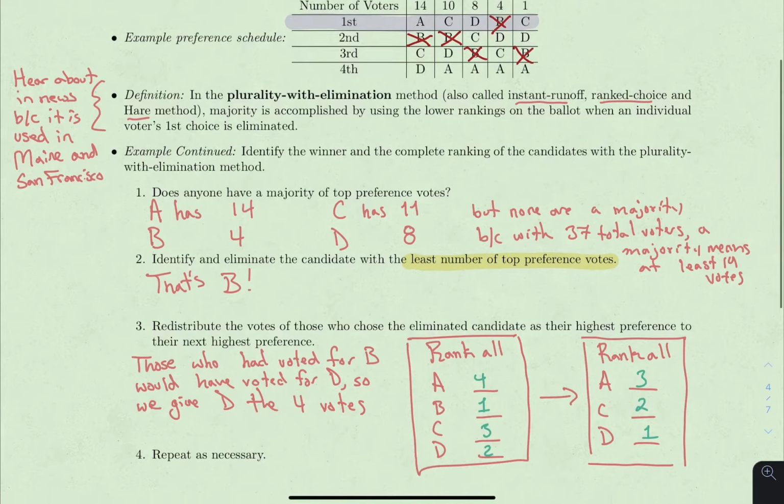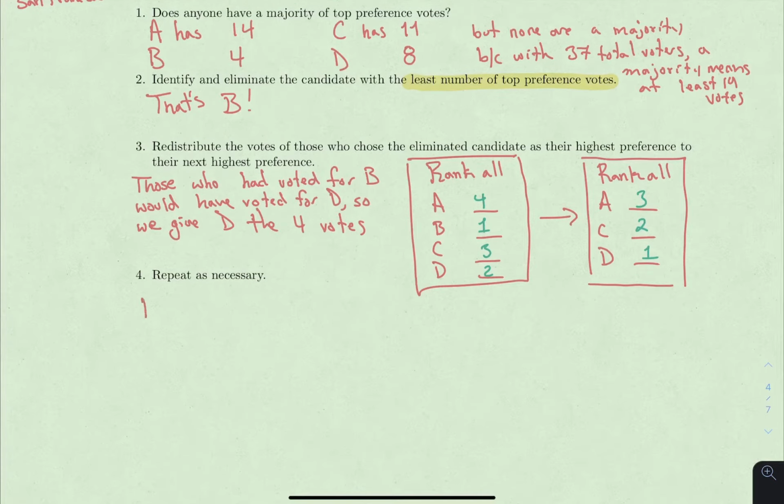Now we just repeat. Does anybody have a majority now? Well, A still has 14. B doesn't exist anymore. C didn't gain any votes, so it has 11. D has 12.